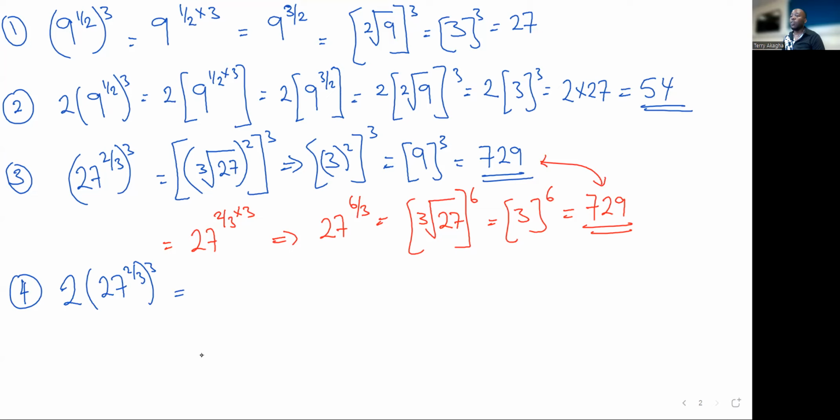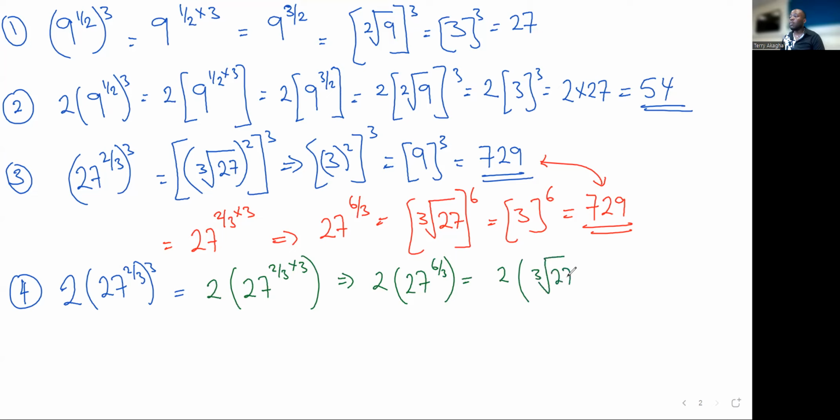So you're going to have 2 into bracket 27 to the power 2/3 times 3, which gives you 2 into 27 to the power 6/3, which will give us 2 into bracket the cube root of 27, all raised to the power 6, which will give us 2 into bracket 3 raised to the power 6, which will be 2 times 729, and the answer will be 1458. And that's the answer for that.